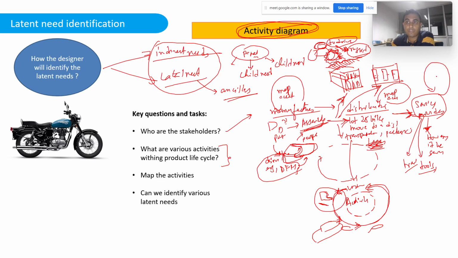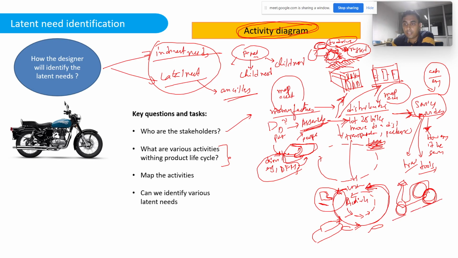Similarly, while servicing, what sort of problems may occur? Then we design accordingly so that it is easy to maintain or service. Similarly, for the user, there are a lot of use case scenarios which a designer can analyze and then come up with different solutions. For example, nowadays you have scooties with a large rear wheel and a small front wheel, and these are mainly used for long rides.